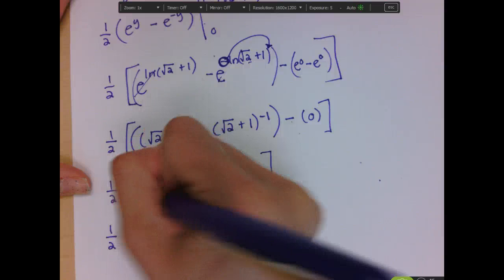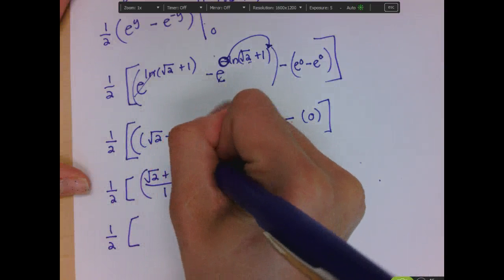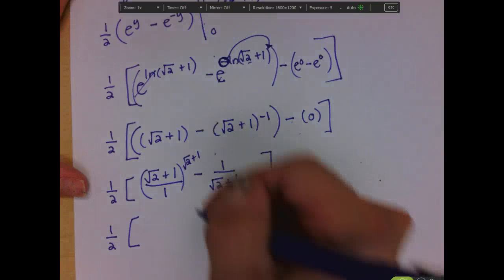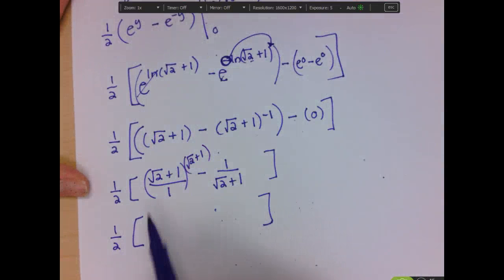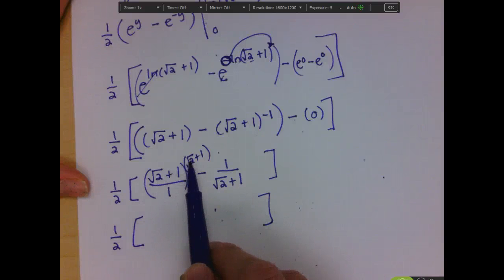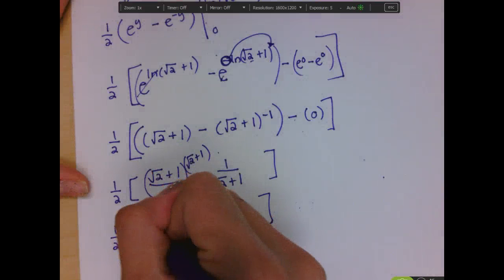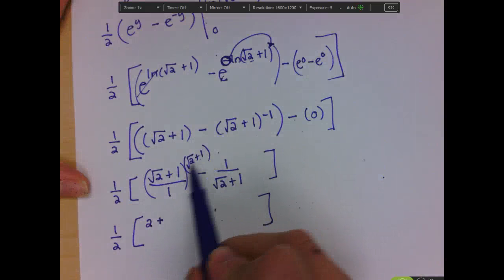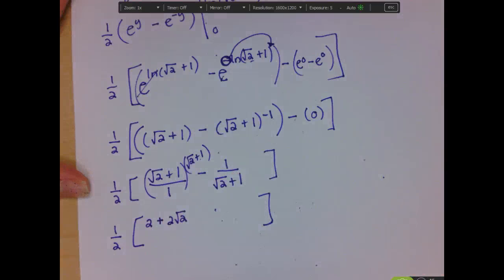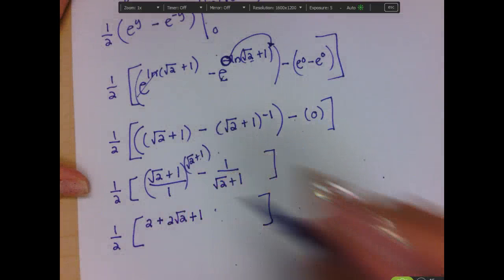Remember that we're multiplying by the square root of 2 plus 1 on the top and on the bottom. And when we multiply on the top, we have to FOIL. So the square root of 2 times the square root of 2 is 2, plus root 2 and another root 2, so that's 2 root 2 plus 1.